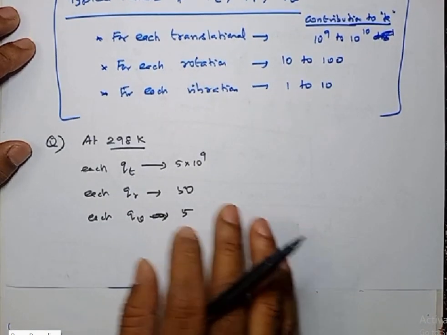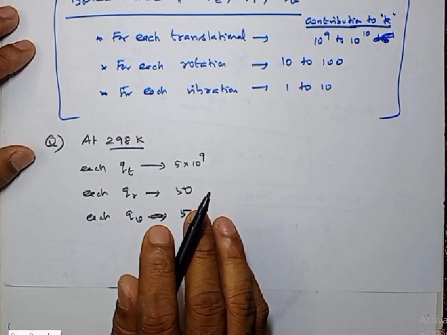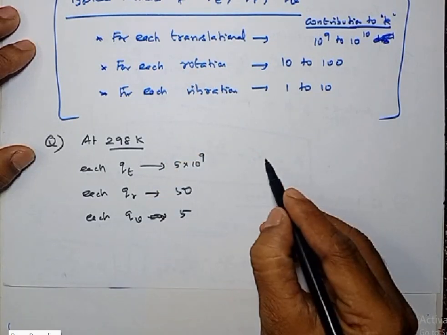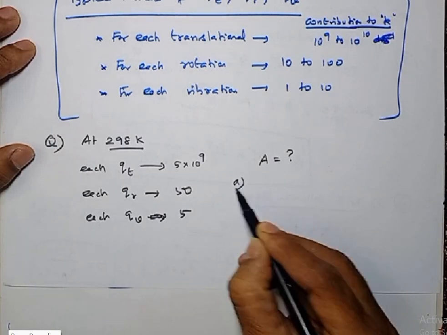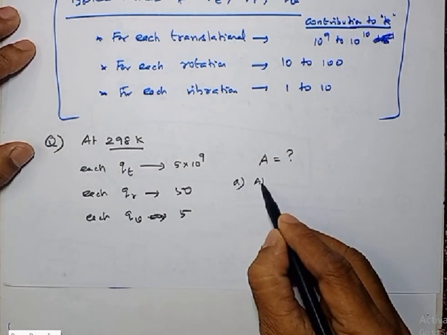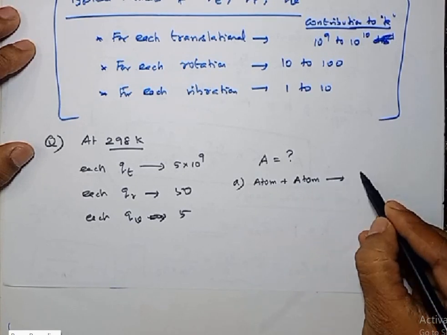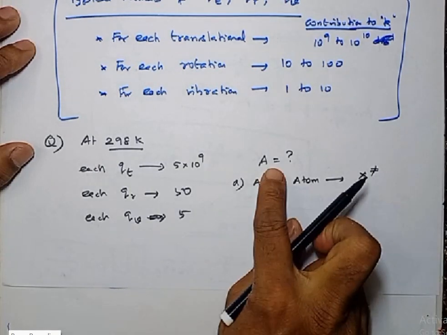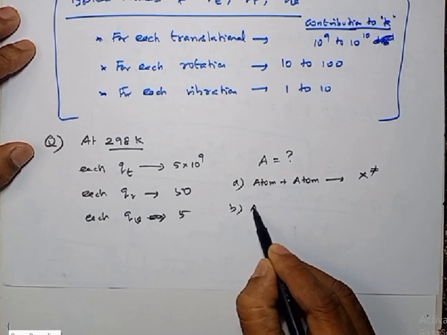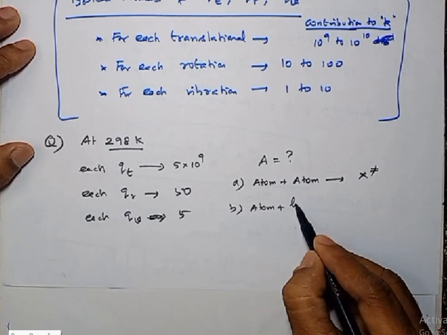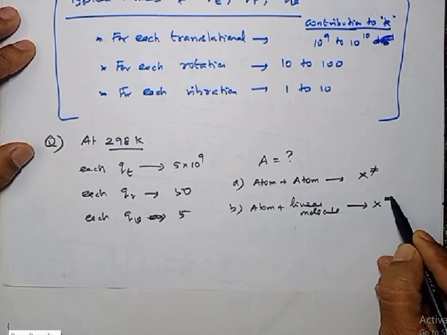Now we should calculate the pre-exponential factor A for the following reactions. First, reaction 1, atom plus atom plus atom form an activated complex. Second, atom plus a linear molecule form an activated complex.